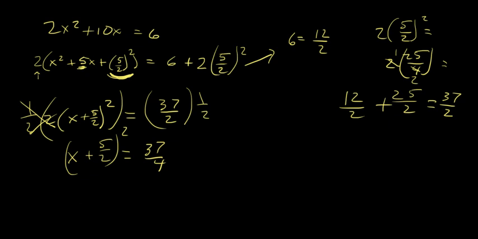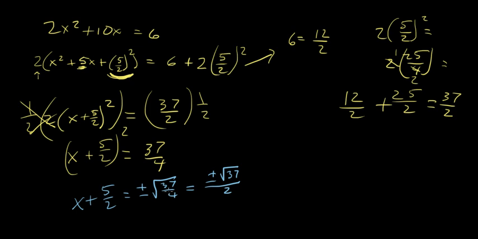So now I take the square root of both sides, okay? And I get x plus 5 halves equals plus or minus the square root of 37 over 4. And remember, this means plus or minus the square root of 37 all over 2.